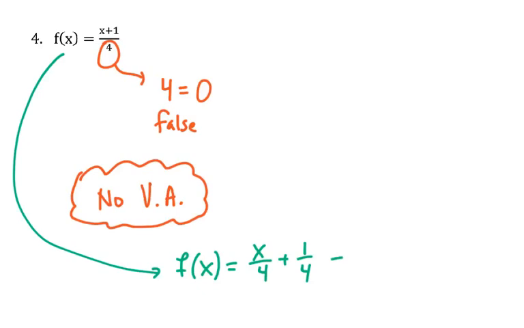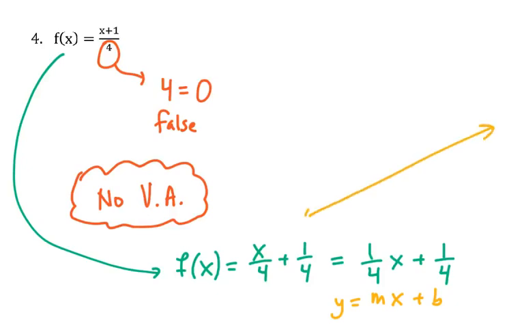And I could even take that a step further and write x over 4 as 1/4 x, just to make it look a little bit more familiar to you. So I'm hoping that as I take some time to rewrite it, you're feeling like this mx plus b kind of idea. And so it turns out that the function in question 4 is actually a linear function, meaning if we were to graph it, it's just a straight line that goes on forever in both directions.